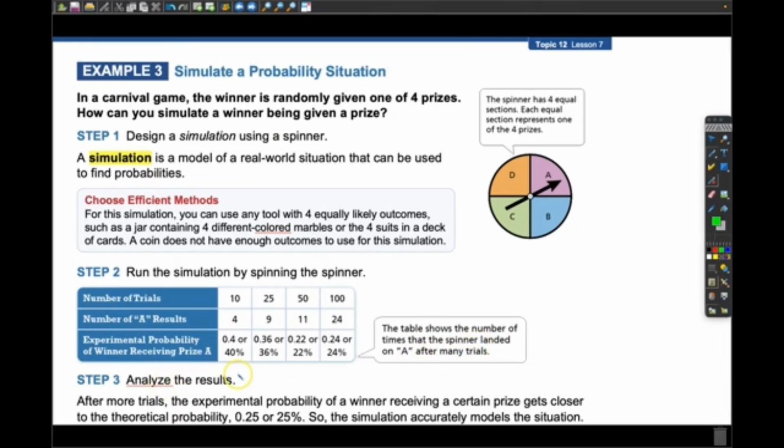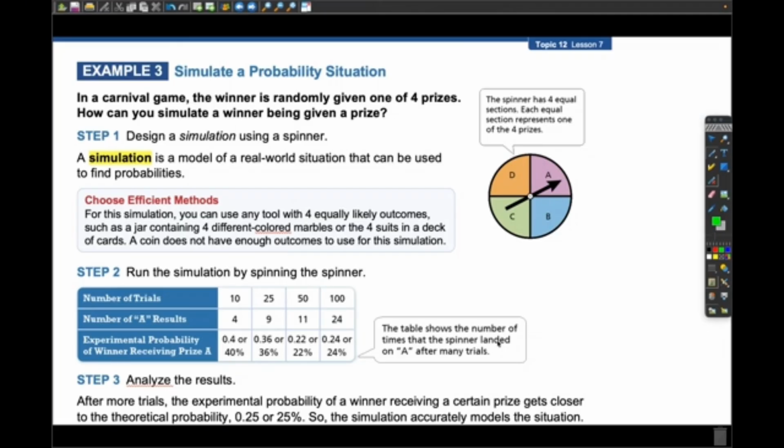Step 3, analyze the results. After more trials, the experimental probability of a winner receiving a certain prize gets closer to the theoretical probability of 25%. So the simulation accurately models the situation. So what they're saying is, in a regular situation, it should land on A 1 out of 4 times. Okay? And will that happen if you just spin it 4 times?